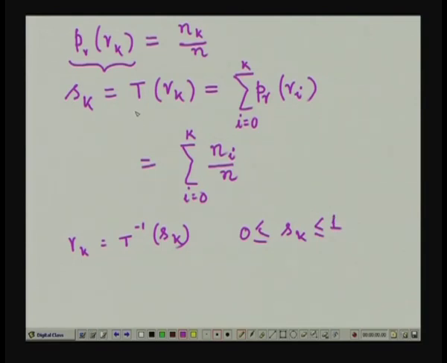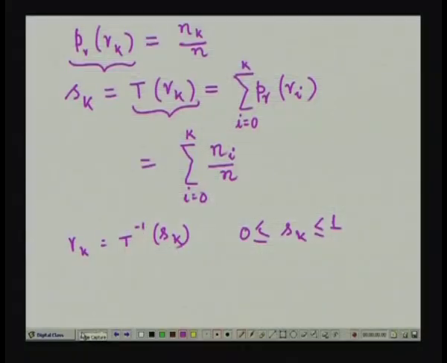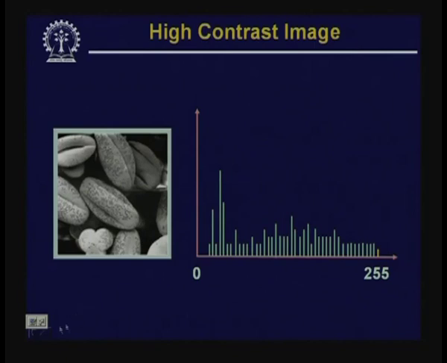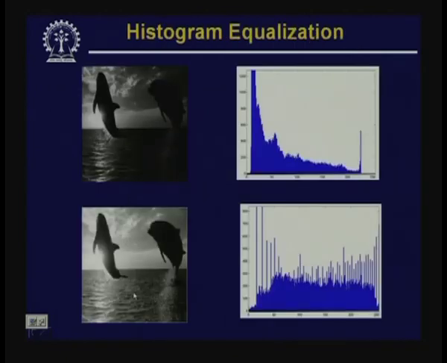So, if I use this as a transformation function, then the operation that we get is a histogram equalization, and as we have said, this histogram equalization basically gives us a transformed image where the intensity values have a uniform distribution, and because of this the processed image that we get appears to be a high contrast image. So, let us see what are the results that we can get using such a histogram equalization operation.